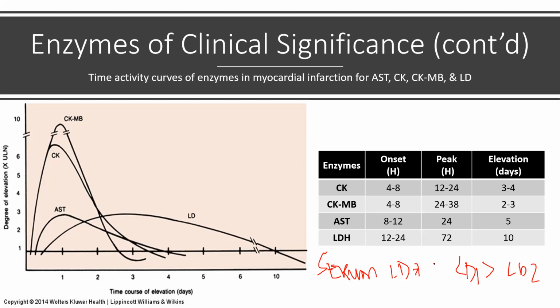Kung matatandaan mo yung CSF lactate dehydrogenase natin, mas mataas yung LD1 kaysa sa LD2 sa CSF. Pero sa serum, mas mataas si LD2. Pero pag mas mataas si LD1 kaysa kay LD2 sa serum, yun ay isang assumption that there is what we call flip pattern seen in cases of acute myocardial infarction. I hope I am clear.